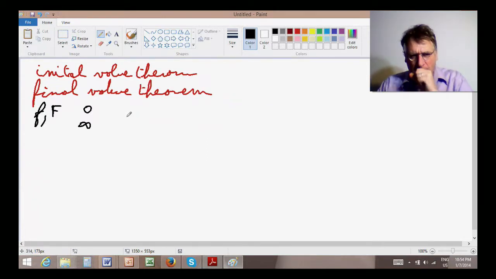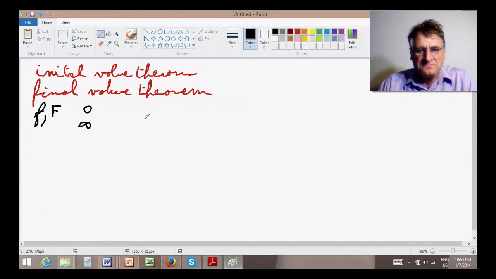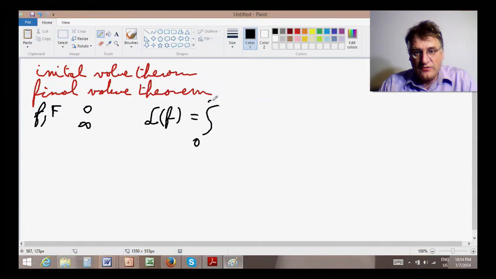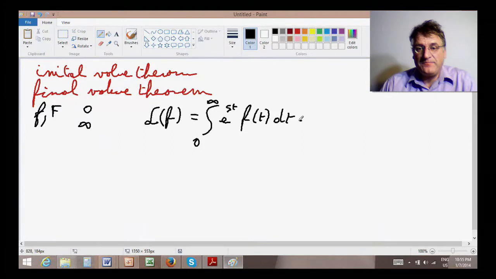So first of all, I would like to talk about the Laplace transform of f. The Laplace transform of f is simply, as we have seen before, the integral from 0 to infinity of e to the minus s times t, f of t dt.